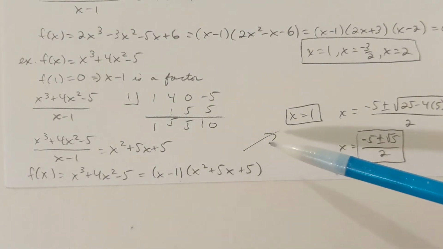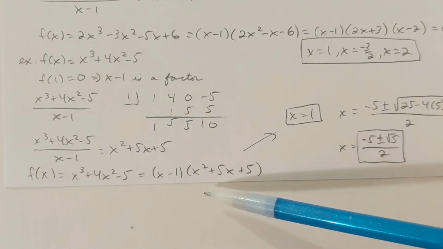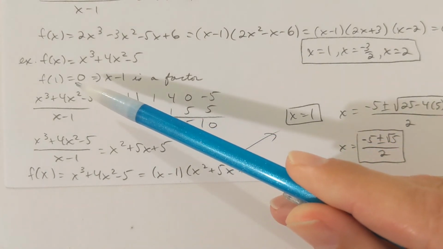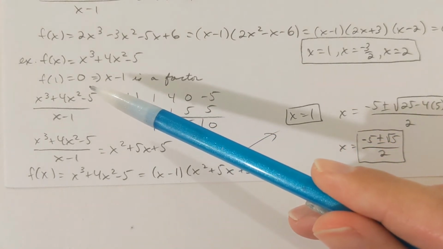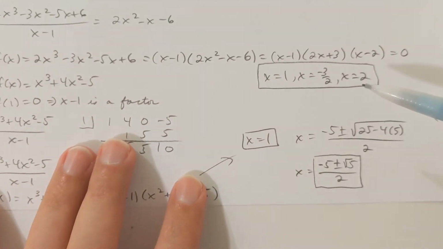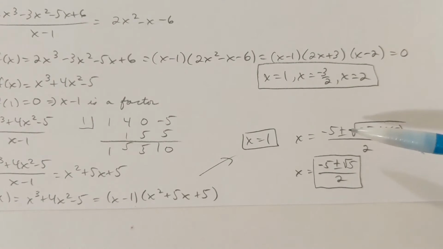Well, if I set these equal to 0 and solve further, x equals 1, that was easy enough to get by guessing and checking. F of 1 equals 0. Now the other two zeros are going to be right here. X equals negative 5 plus or minus the square root of 25 minus 4 times 5 is 5, all over 2.